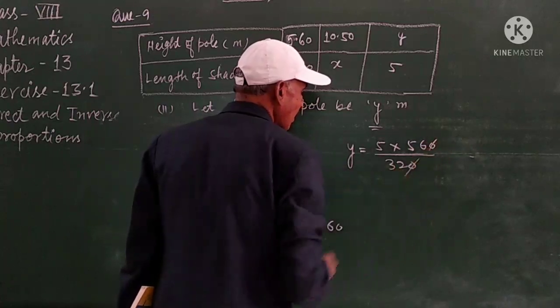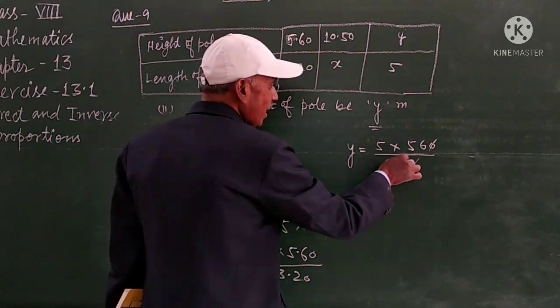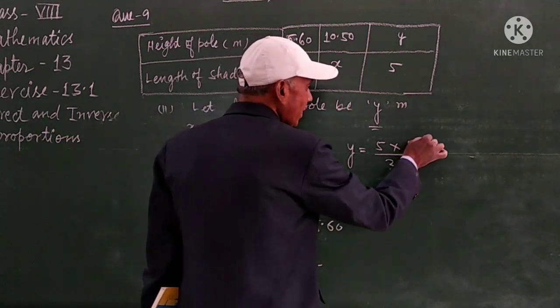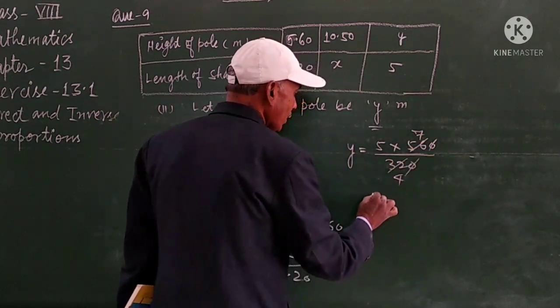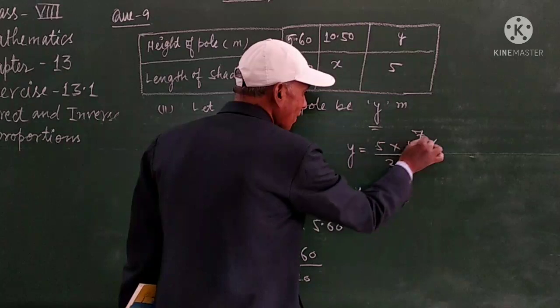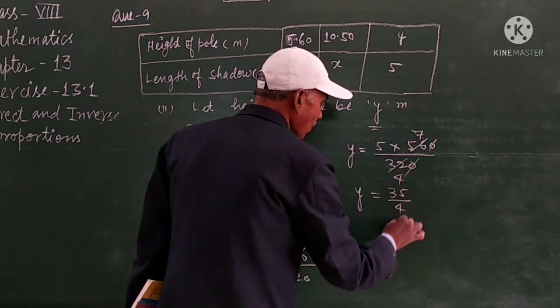Remove 0 by 0, and again 8 4s are 32 and 8 7s are 56. So y is equal to 35 by 4.